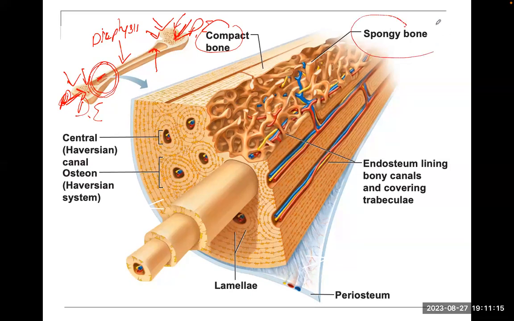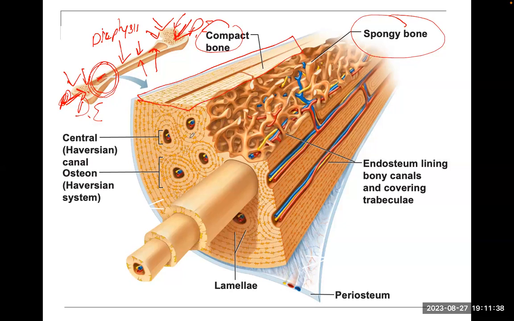So that's why right here we see spongy bone, all this trabecula. That would be here, this medullary cavity. But on both sides of the medullary cavity, here and here, that's where we have this compact bone. It looks very, very different than spongy bone.